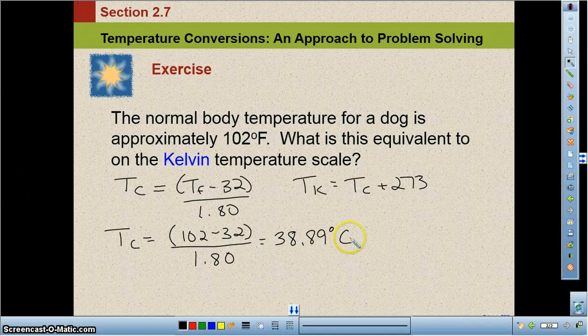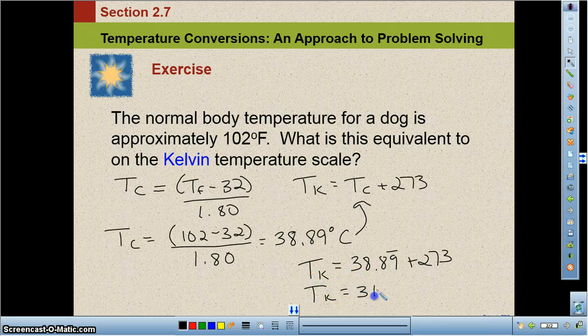And then we're going to turn around and take this and put it into this formula. So temperature Kelvin equals 38.89 plus 273. So our final answer in Kelvin is going to be 311.89.